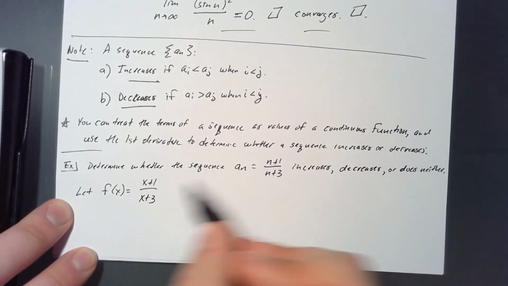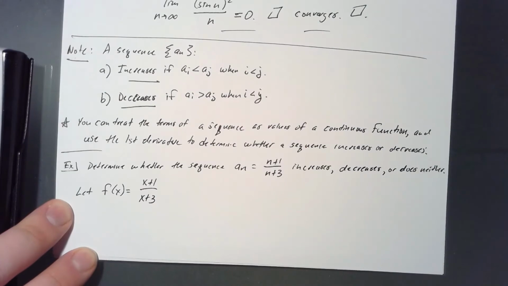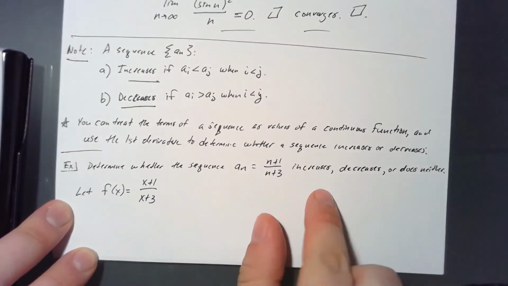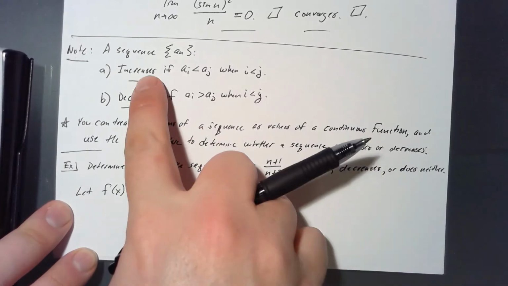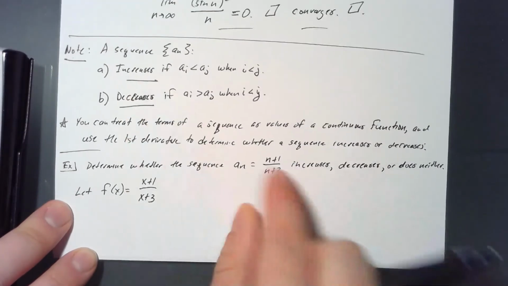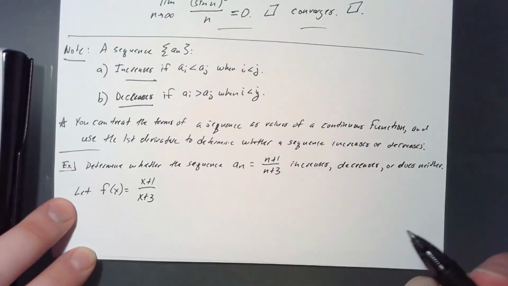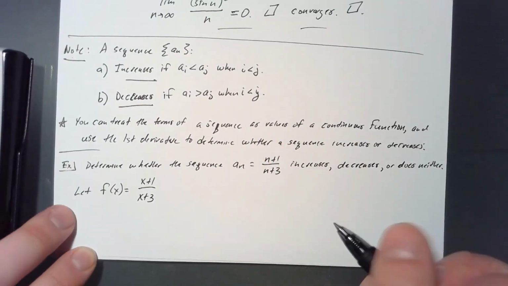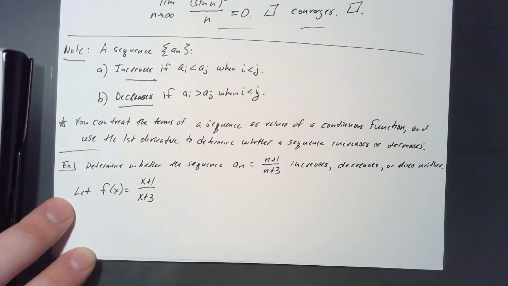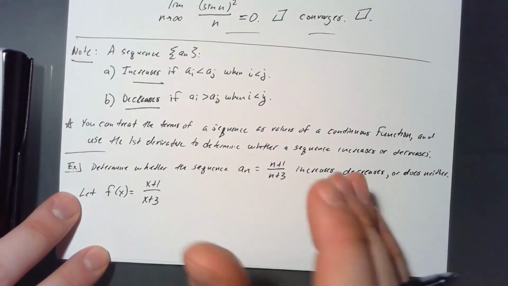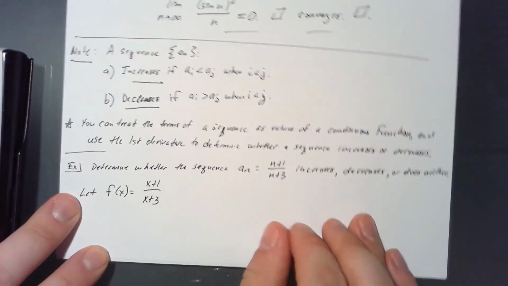I'm just letting this sequence be a function now. And then I could take the derivative of this function. If the derivative is positive, the sequence increases. If the derivative is negative, it decreases. Which is exactly what you learned from Calc 1 about increasing and decreasing functions, like when you did concavity and stuff like that. Concavity deals with the second derivative, but I'm getting ahead of myself.